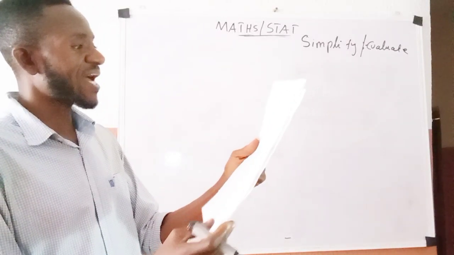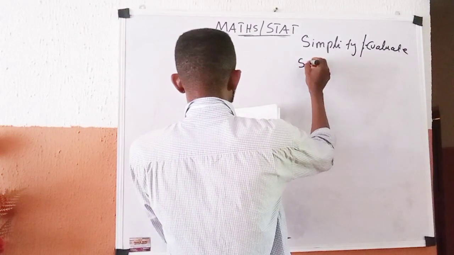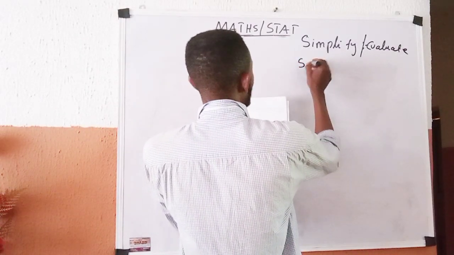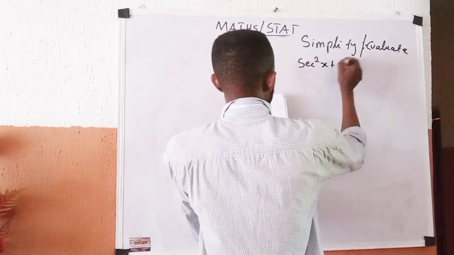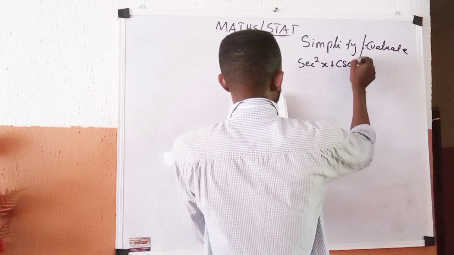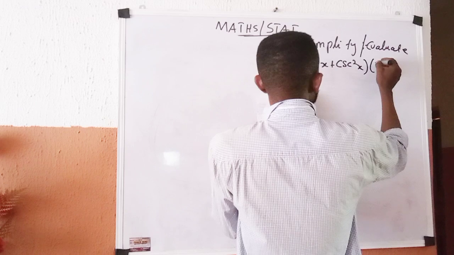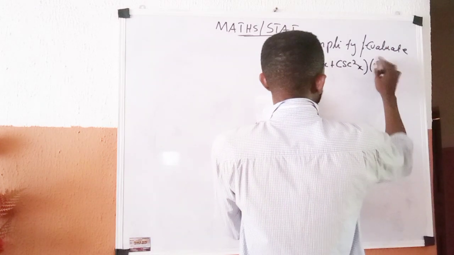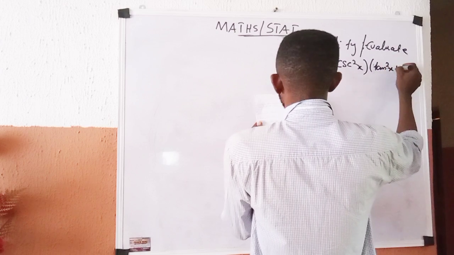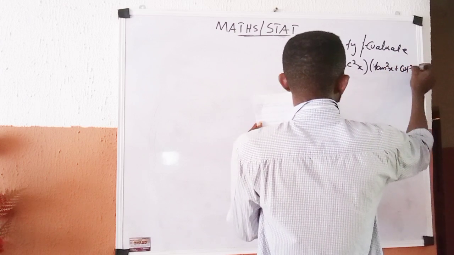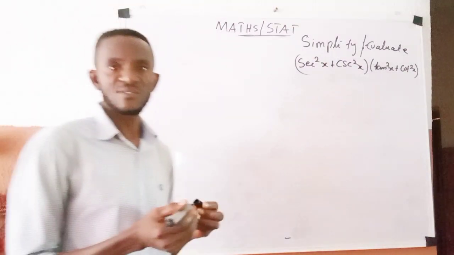That question says, and I write, that we should simplify sec square root x plus CSC square root x, open and close, open again, tan square root x plus cot square root x, bracket closes. That we should simplify that quantity.